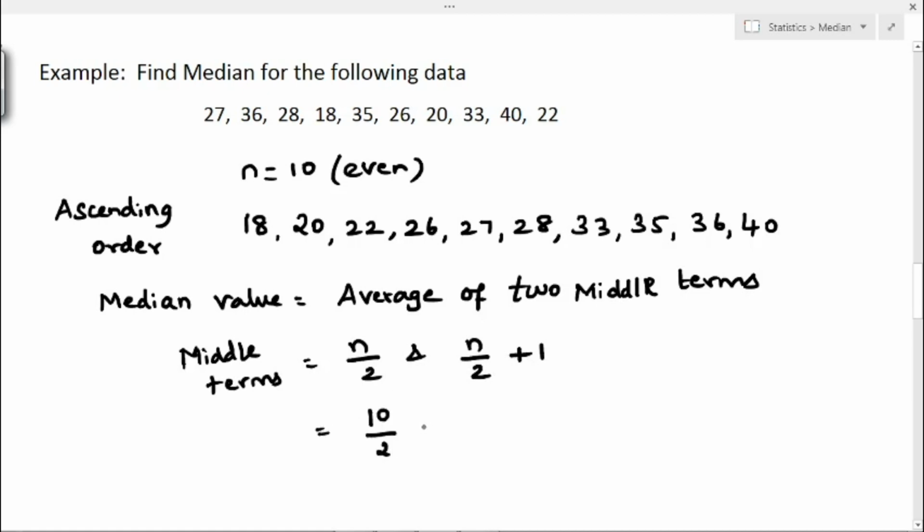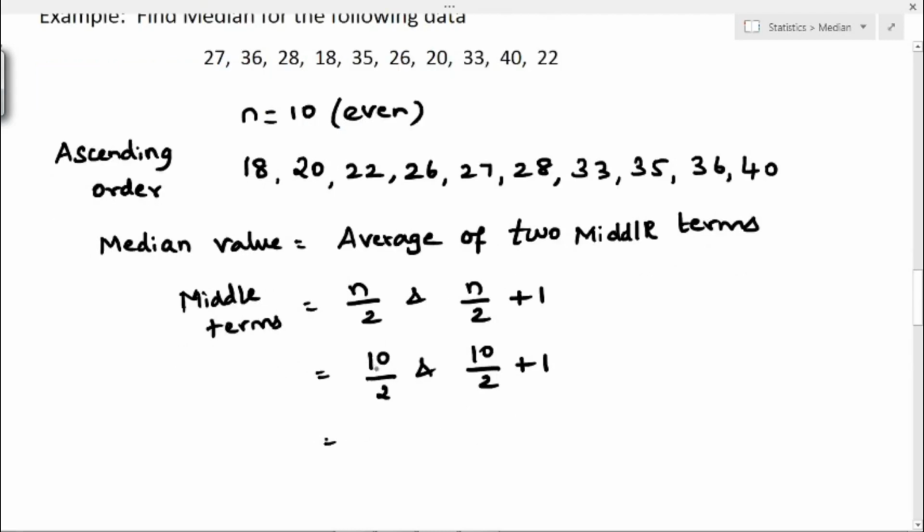So 10 by 2 and 10 by 2 plus 1. 10 by 2 is 5, and 5 plus 1 is 6. So the 5th and 6th terms; in the ascending order, we have to consider the 5th and 6th term.